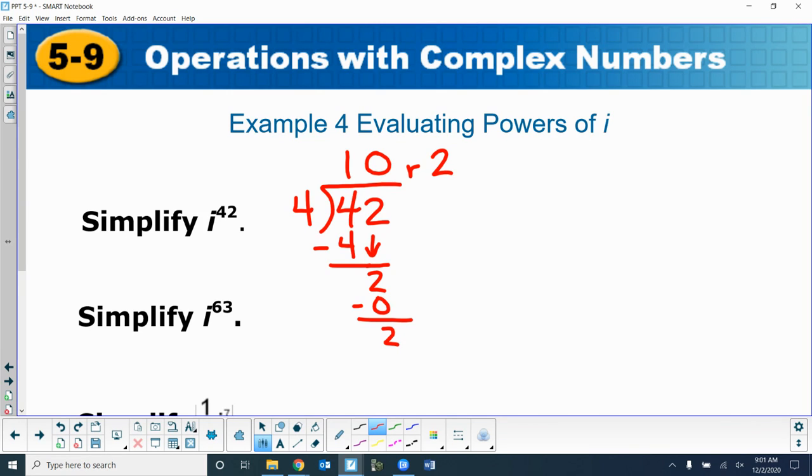Or 10 and a half, or 10.5 if you added a 0. So, all I'm worried about is that number. Whatever the remainder is, this and these are equivalent. What do we know i squared equals? -1, so that's my answer.